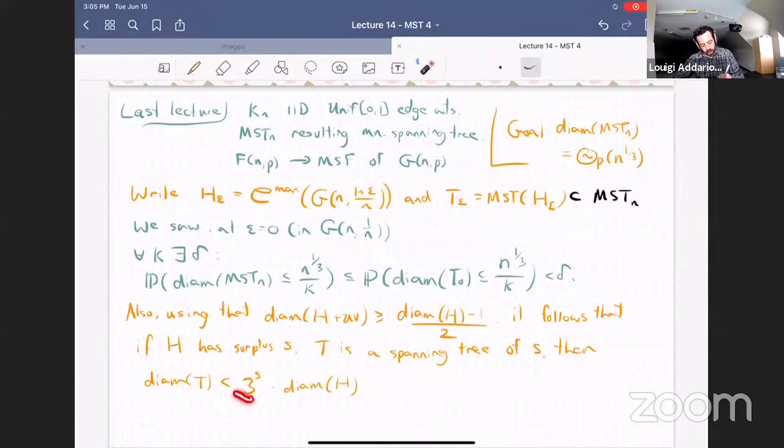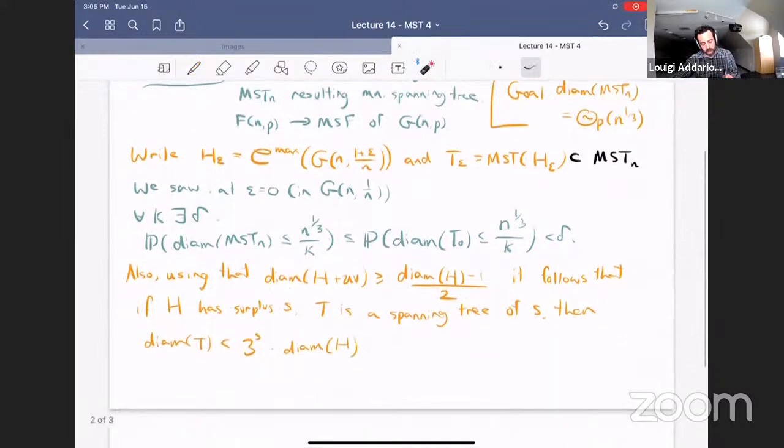I think probably you can put 2 to the s here, but 3 is certainly safe. The idea is roughly that if you take this graph which has some number s of surplus edges, each time you remove a surplus edge, you can, in the worst case, double the diameter. So when you remove s surplus edges, you shouldn't make the diameter go up by more than a factor of about 2 to the s.